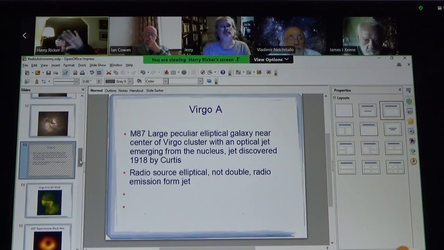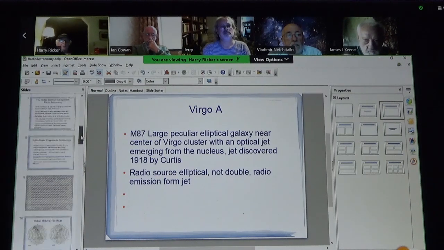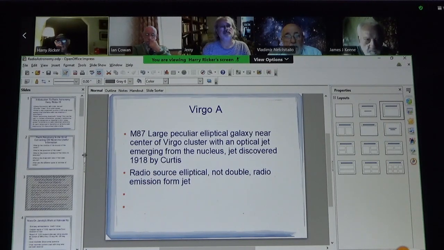Okay, and at this time, the radio star. You notice I mentioned earlier that they thought these things were radio stars back in the late 40s, early 50s. They were talking about radio stars because these are discrete radio sources, meaning that they're point-like or they look like stars.